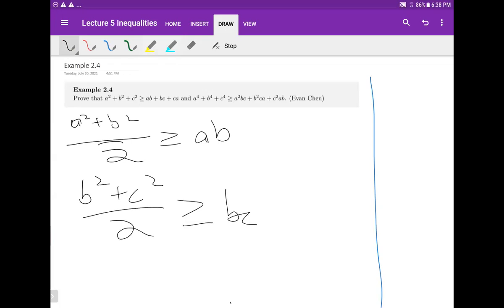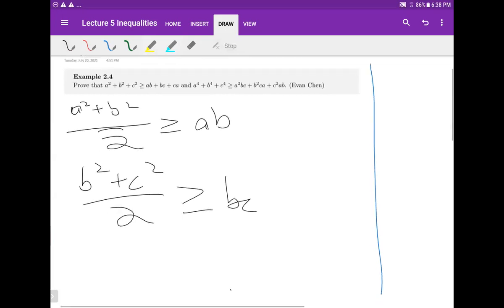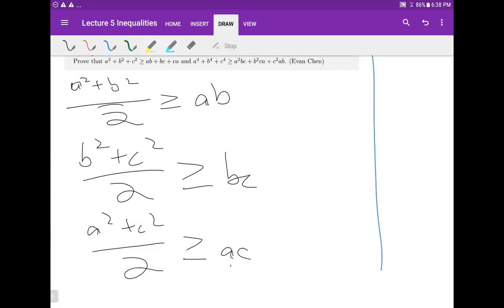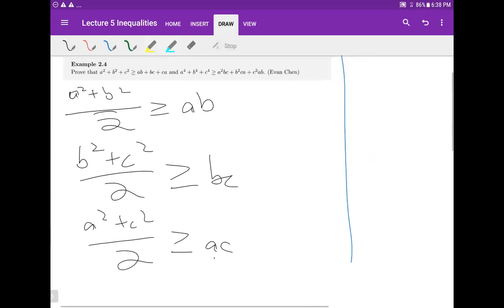And then we also have that a squared plus c squared over 2 is greater than or equal to ac. And then you might notice, ab is on the right hand side of this expression, bc is also on the right hand side, and ac is also on the right hand side.